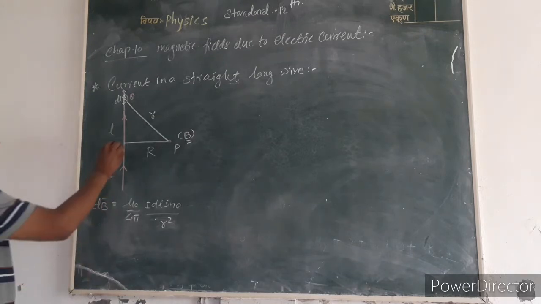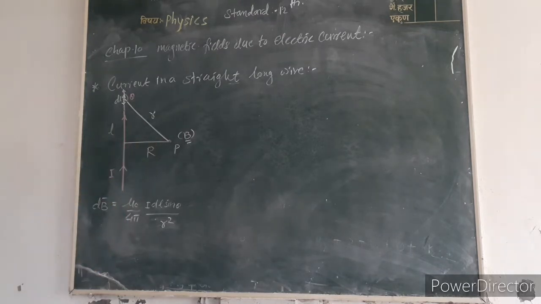But due to this perpendicular distance, the wire has two half parts.